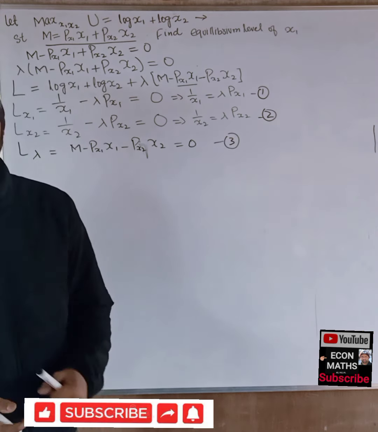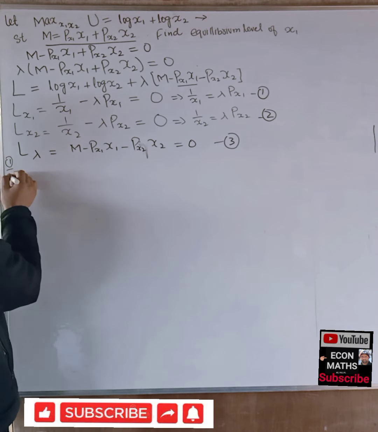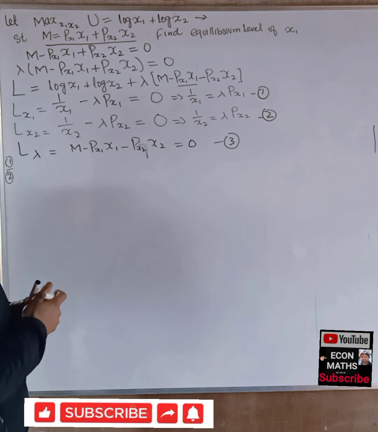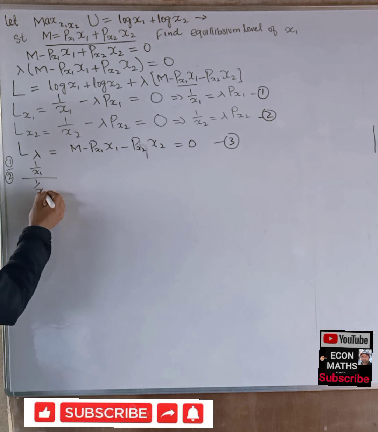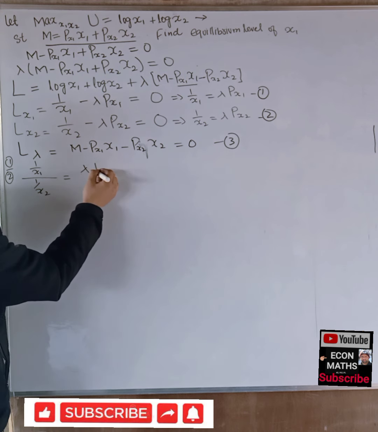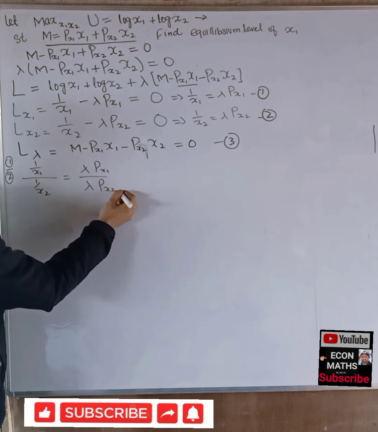Now we will divide equation 1 by equation 2. That is, 1 divided by x1 whole divided by 1 divided by x2 is equal to lambda p x1 divided by lambda p x2. Lambda gets cancelled.